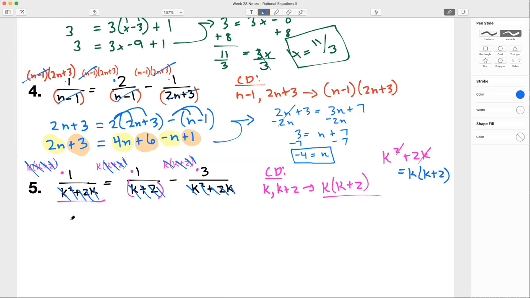Now what we're left with is 1 equals k times 1, which is just k, and then minus, everything canceled there, so all we have is a 3. 1 equals k minus 3. See how much simpler that is? All right, so we add 3 to both sides, and we have 4 equals k, or just k equals 4, and we are done.